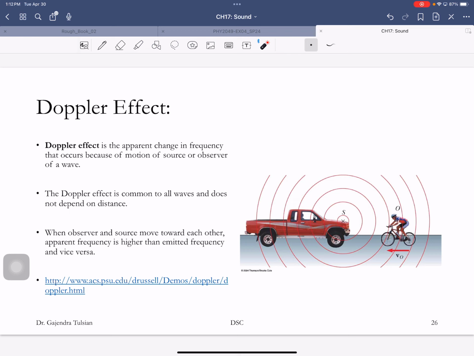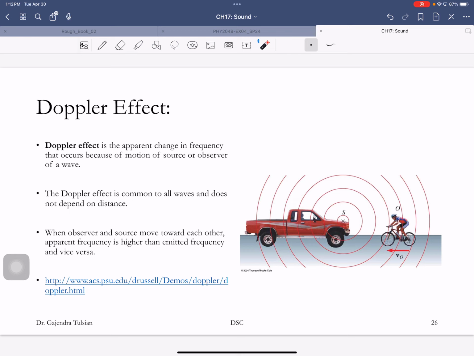Again, the next phenomenon we'll talk about is the Doppler effect. What is the Doppler effect? It's an apparent change in frequency when the source of the sound is moving. Is that the only way it can happen? Or the observer is moving. That's right.